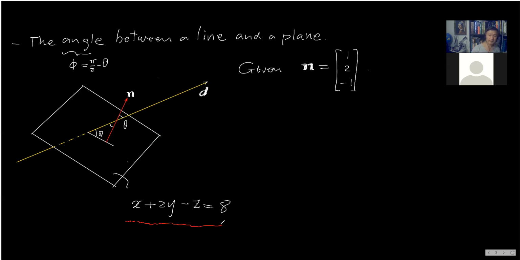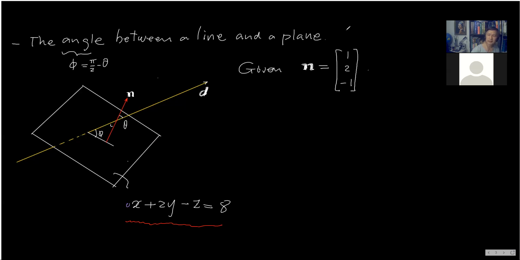So basically, do you remember how to write the direction of the plane? If you have learned this, probably the teacher has already told you that these three coefficients give you a direction.